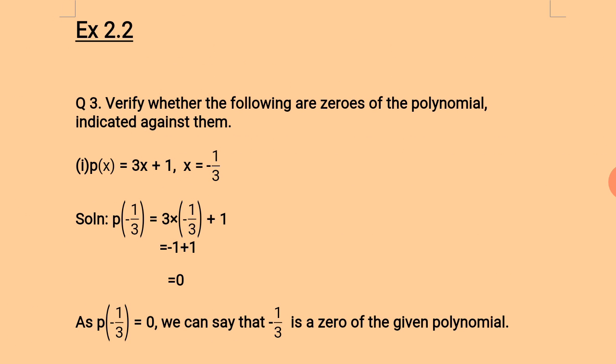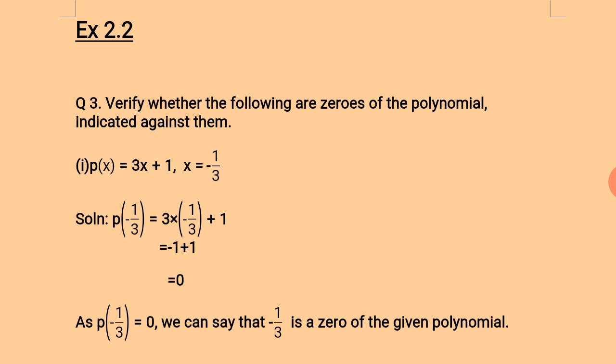Now exercise 2.2, question number 3. Verify whether the following are zeros of the polynomial indicated against them. Now a polynomial is there which is written as p of x equal to 3x plus 1. And we have to check for x equal to minus 1 by 3. So it's very simple.